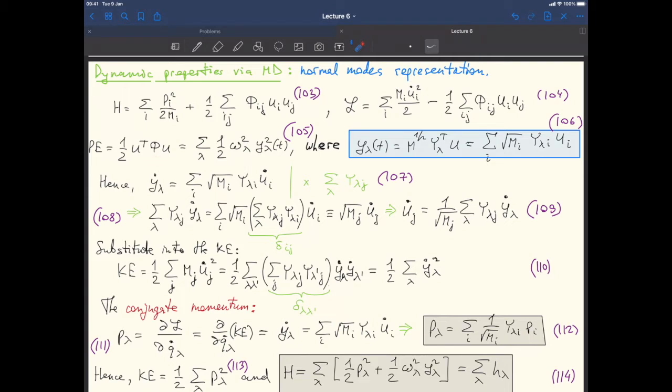Phi is a force constant matrix, and U is the vector of all displacements u_i. This can be written via normal coordinates. And normal coordinates y_lambda, and index lambda is used to number these normal coordinates, each associated with the frequency omega_lambda. These normal coordinates are given by this expression.